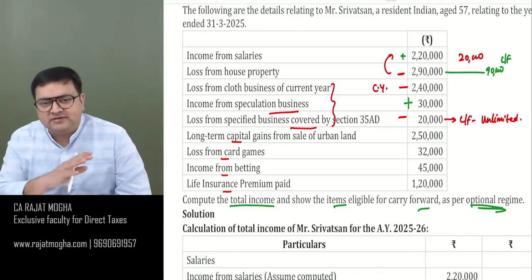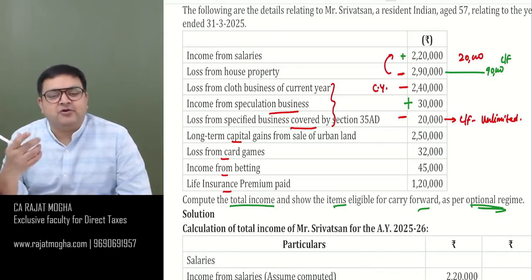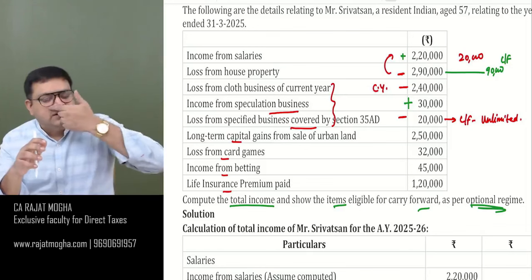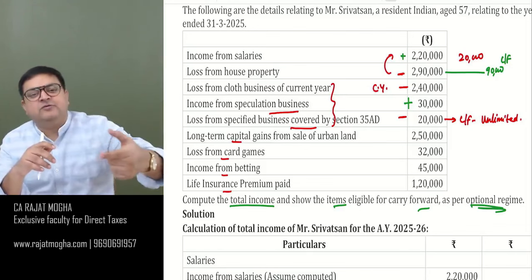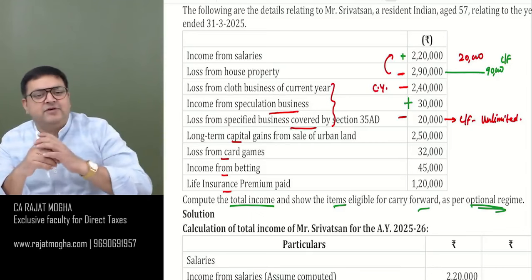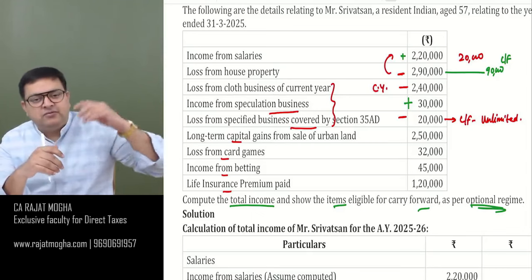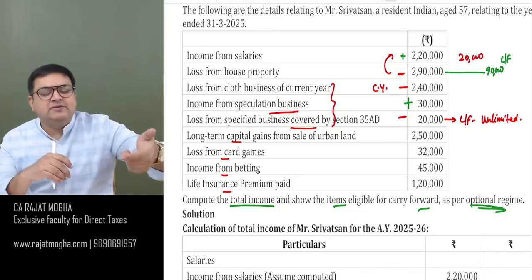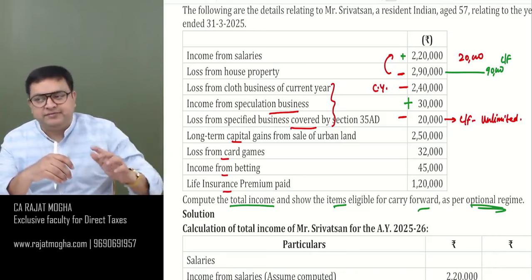Normal businesses, which are not speculative, non-specified, can be set off from any business also. But vice versa is not correct. Speculative losses only from speculative. Specified losses only from specified profits, not from normal profits. But vice versa, normal business losses can be set off from them.